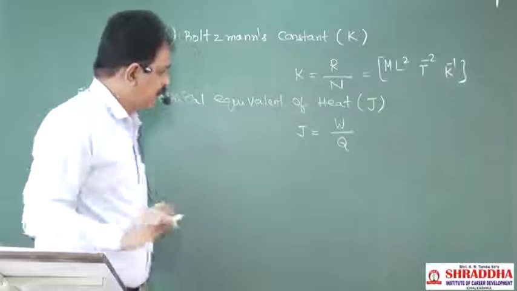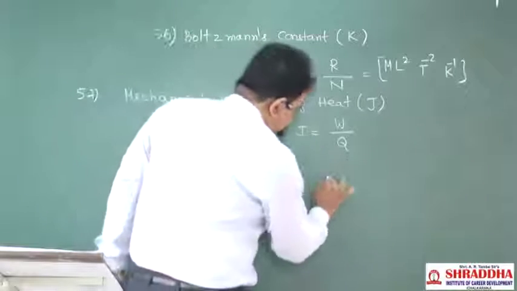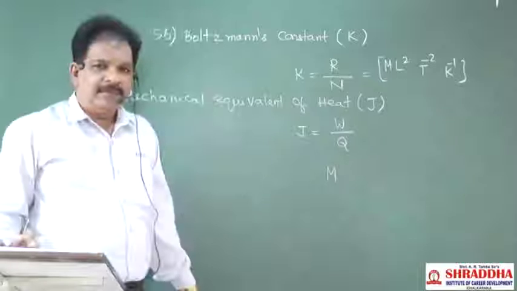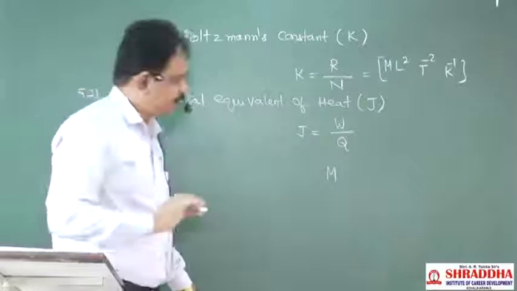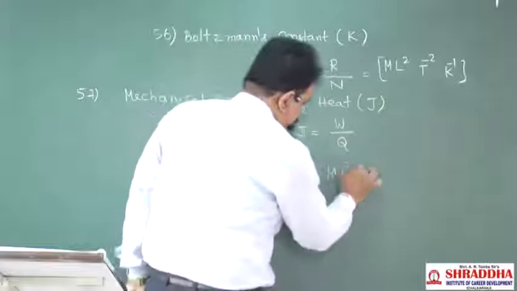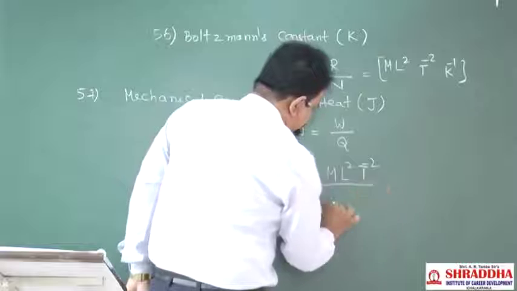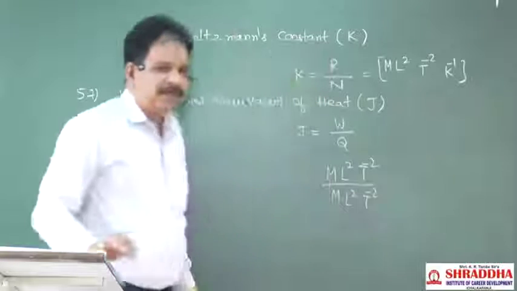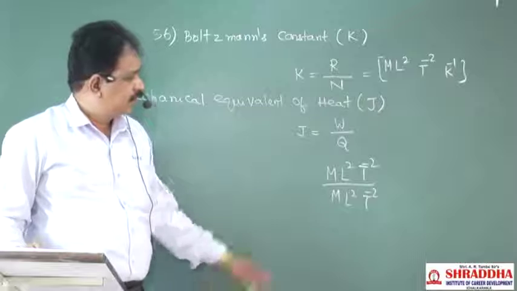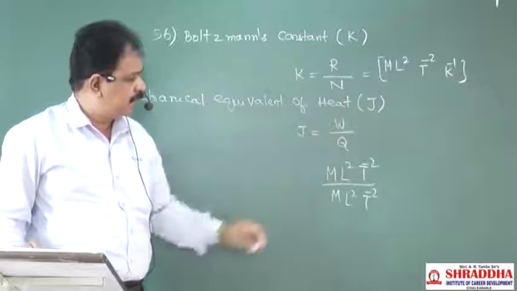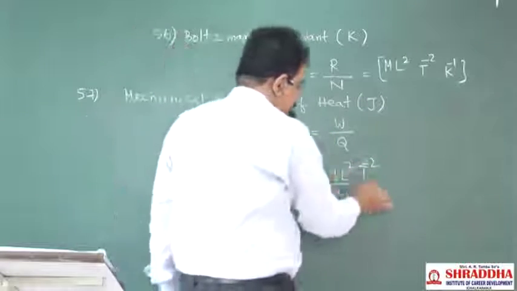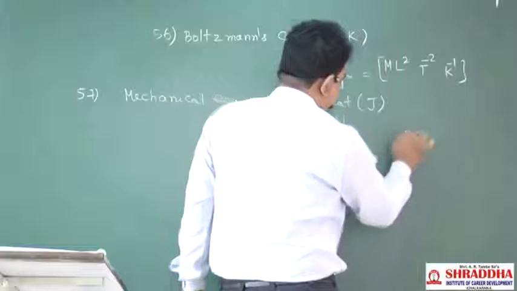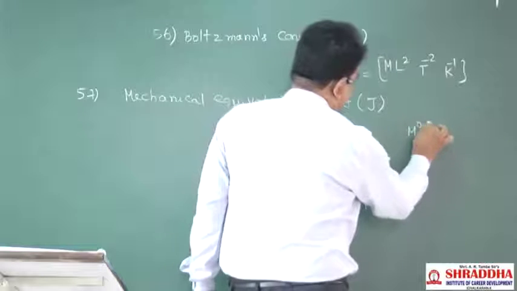What we will get, see, work dimensional formula how much? M L square T power minus 2. Heat energy dimensional formula M L square T power minus 2. These two have the same dimensions, we will cancel here. So this will be 1, means no dimensions.